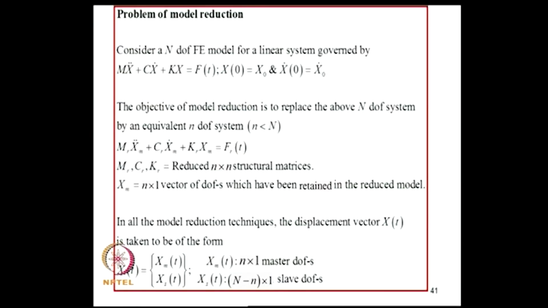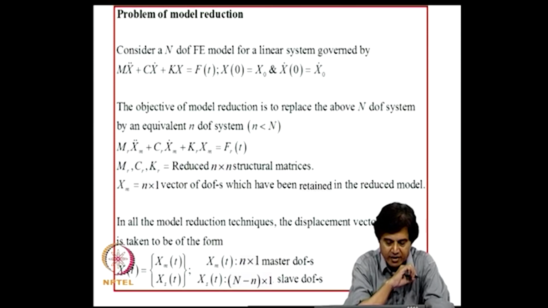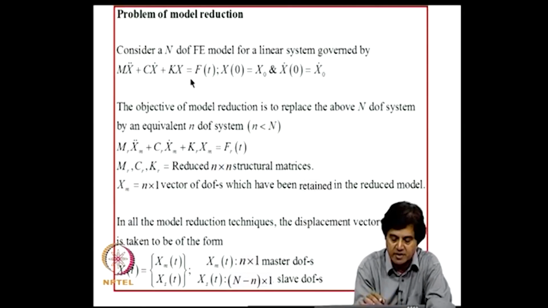Now I will briefly introduce the problem of model reduction, then we will take up discussions in subsequent lectures. Now suppose we consider an n degree of freedom finite element model for a linear system. Say the linear system is governed by M x double dot plus C x dot plus K x equals f of t with some initial conditions. What is the problem of model reduction?